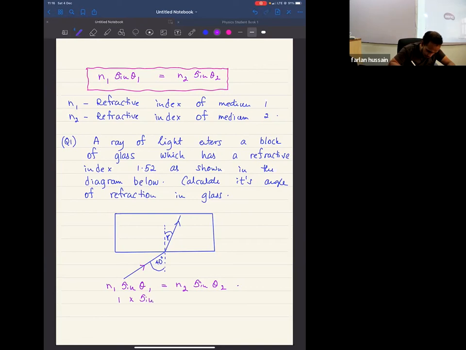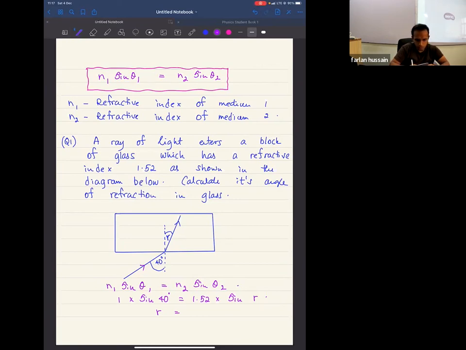Sine theta 1 means sine 40. n2 is the second medium, which is glass, 1.52. Sine theta 2 is the sine r we have to find. So use your calculator to find sine r, which is sine 40 divided by 1.52. That is sine r, and then get the sine inverse of that value.